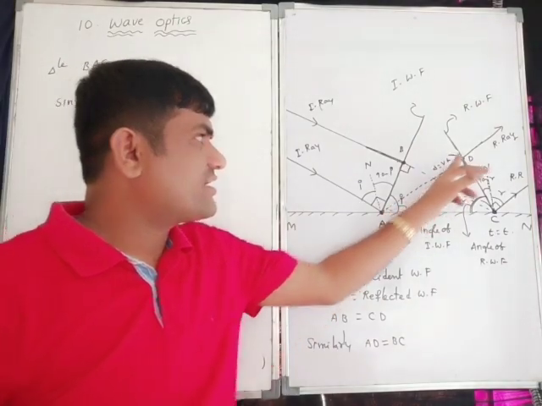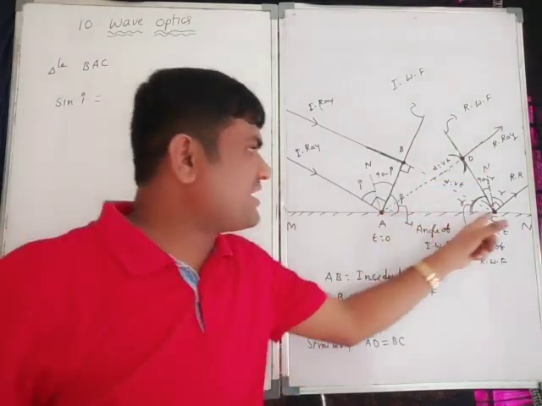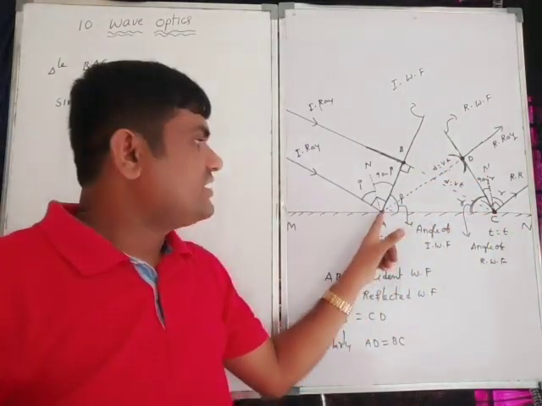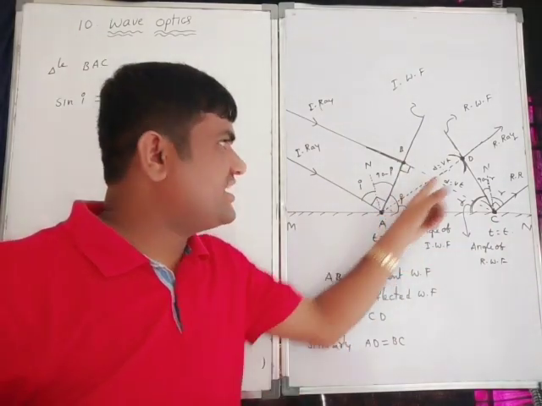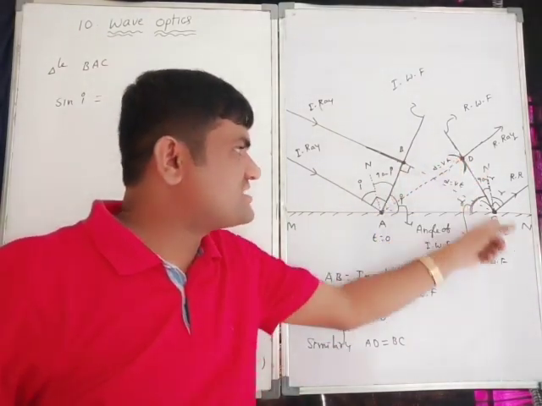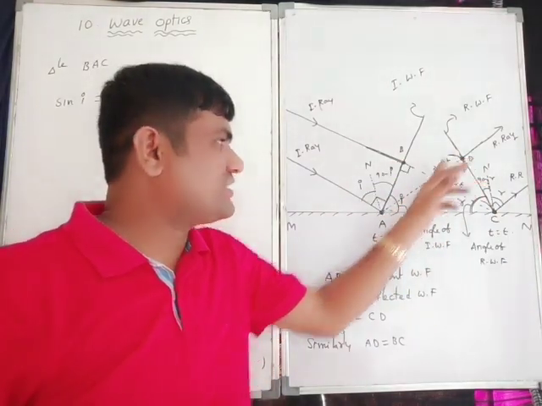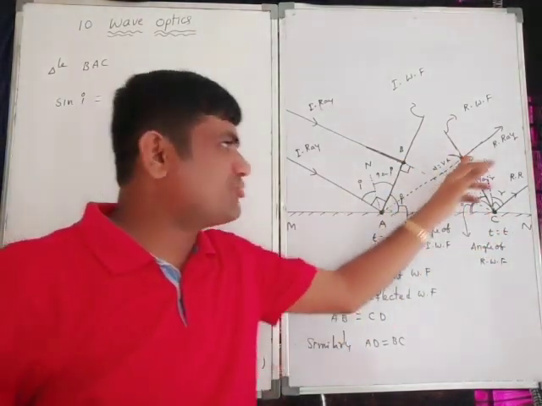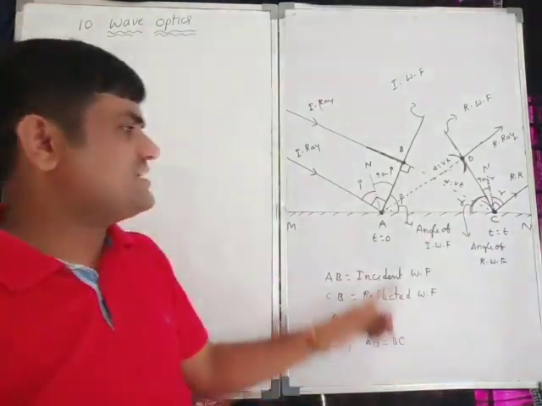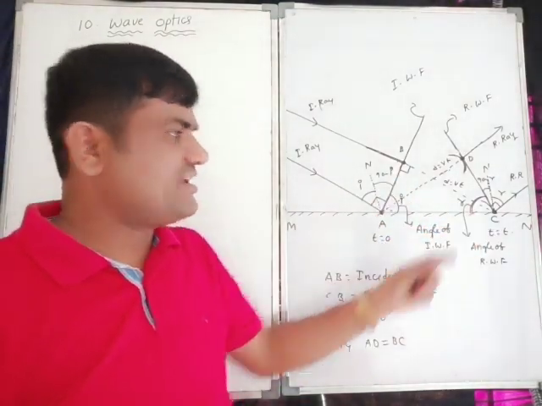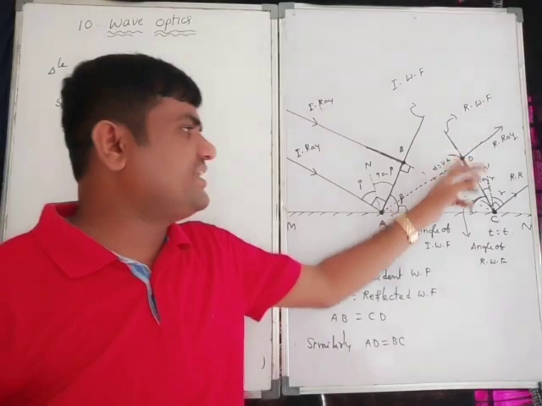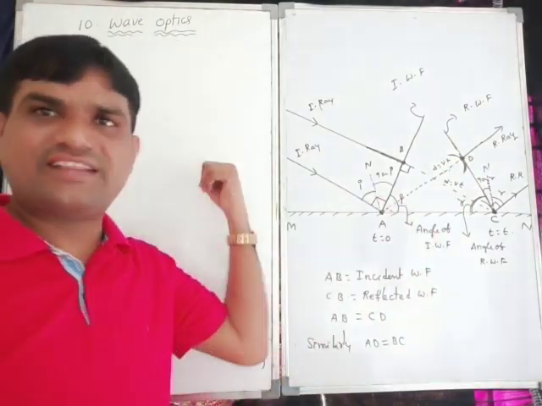Similarly, ADC has a common hypotenuse. This side and this side both are the same, and this side and this side both are the same. That's what we directly will say: ABC is congruent to ADC, or else according to the sin theta formula.